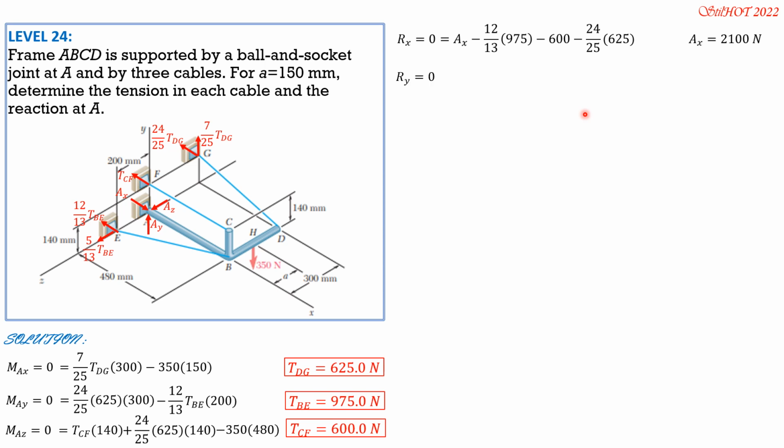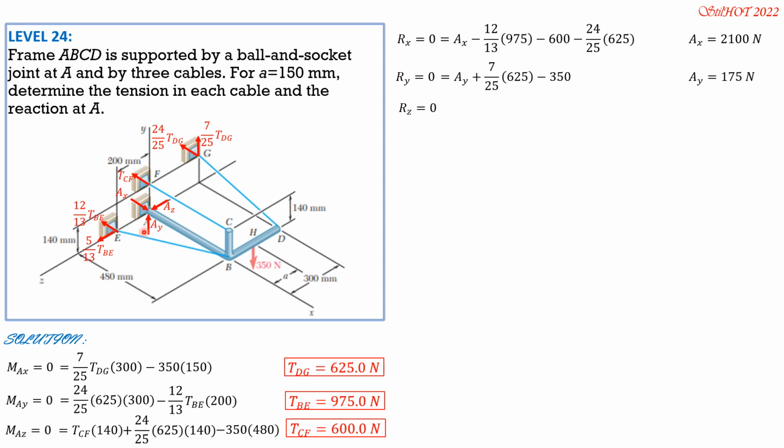Then summation forces Y equals 0, equals AY plus 7 over 25 tension DG, which is 625, then minus 350. So AY is equal to 175 newtons. And finally, summation forces Z equals 0.